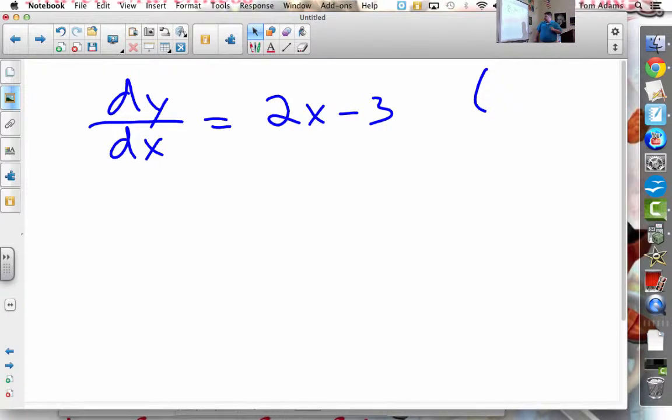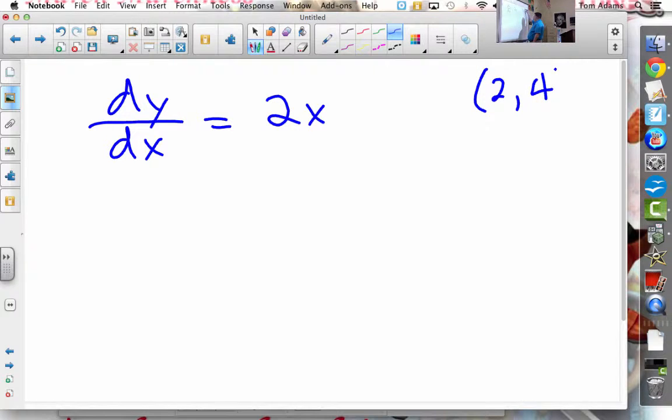Let's just do this. So we've got dy/dx equals 2x, right? It says find the particular solution. So find the antiderivative of this.